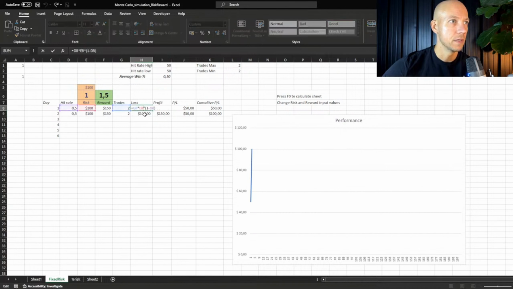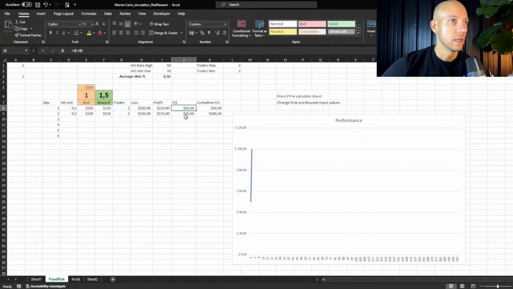I'm taking this one, multiply by this one, and then in brackets I've taken 1 minus the rest, which is the loss, then to get my one loss. Then my P&L for the day is taking my profit minus my loss, and that's the cumulative P&L for the first day. Second day would be this one plus this one to get my cumulative P&L.